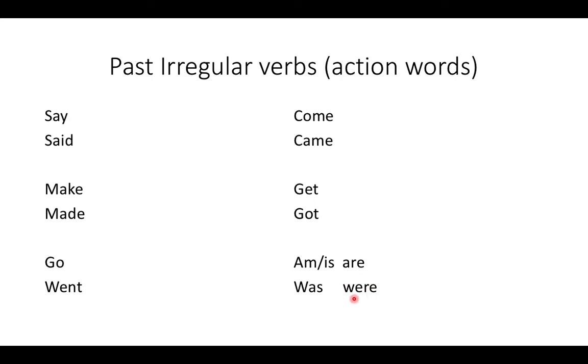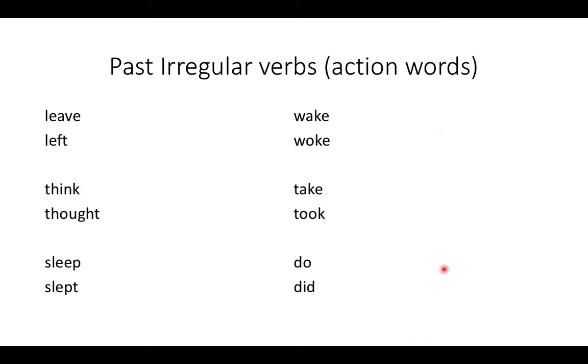So if you said, we are going to work, that's present. We were going to work. That's past. So it's really important to know these words because it's really important to let people know what time something happens.